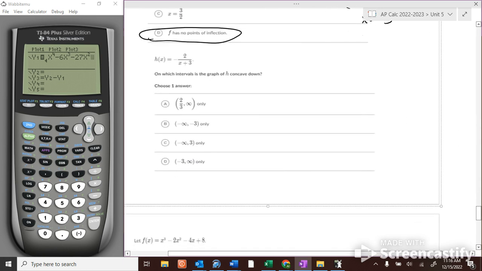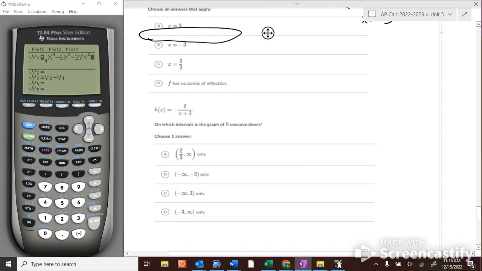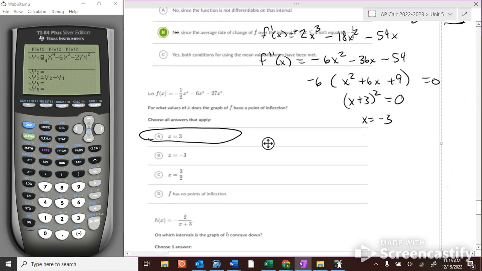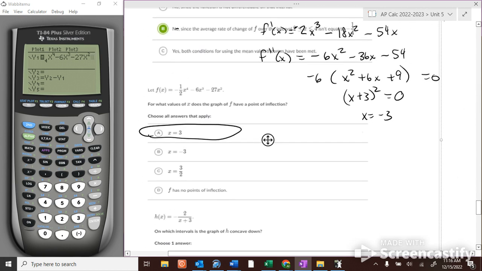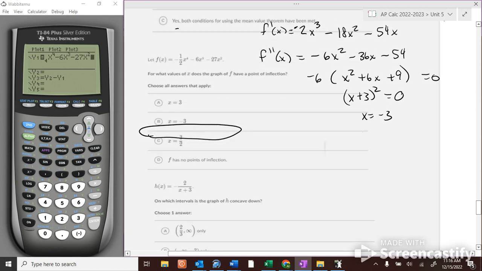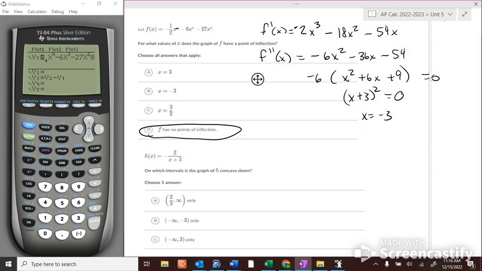Okay, where is this function concave down? Well, another way to check the point of inflection is to check on either side of -3. So let's check -4 in the second derivative, and let's check -2 in that second derivative.